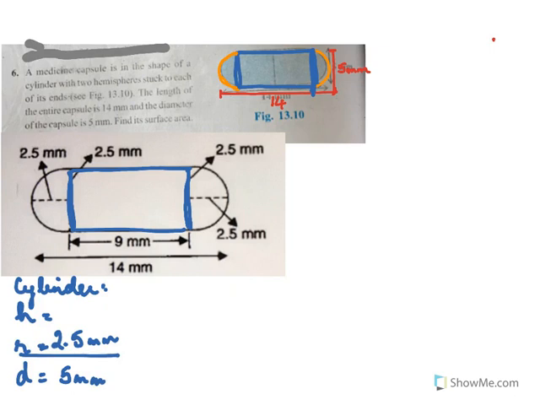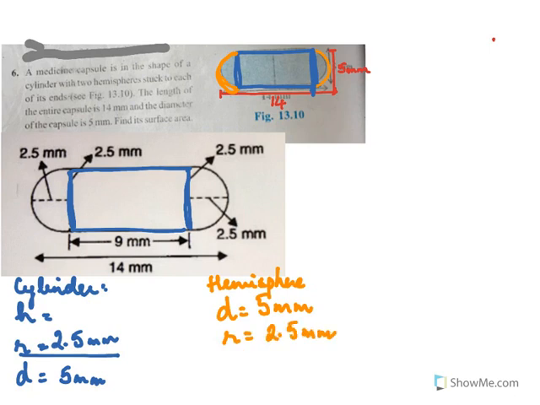And then we have the hemisphere, and for the hemisphere we need to find only one dimension, and that is the radius. Again here we see that the diameter is given as 5 mm. They both share the same diameter, the cylinder and the hemisphere, and so the radius will be 2.5 mm.